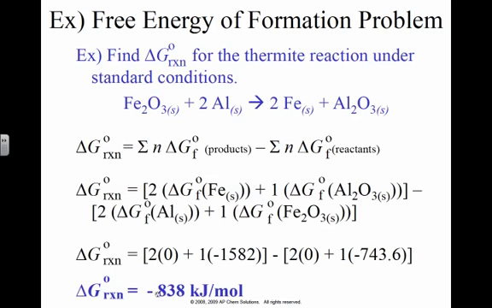And we get an answer of negative 838 kilojoules per mole. Now, it is negative, which means that this reaction is spontaneous, which means this reaction does take place, which makes sense because you've seen this reaction before. These are the two balls that I slammed together. Does this reaction take place? Yes, you've seen it. If I slam the balls together and nothing happens, then that would mean it would be non-spontaneous, and this would be a positive value.